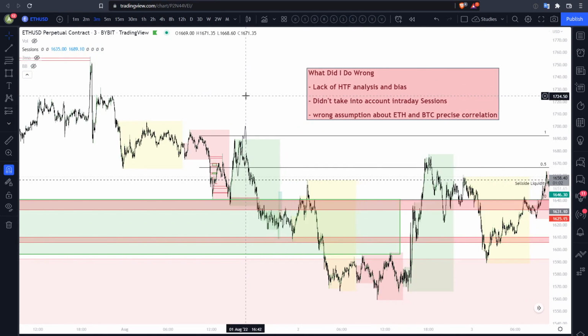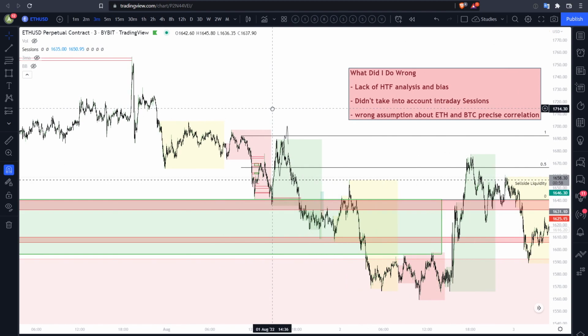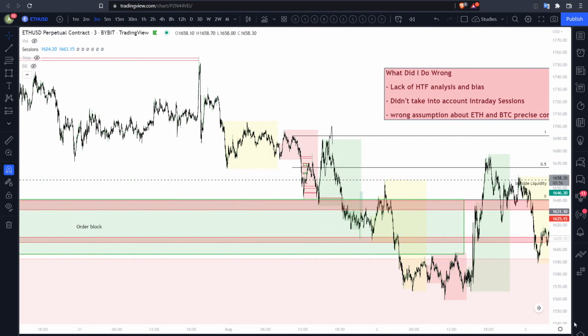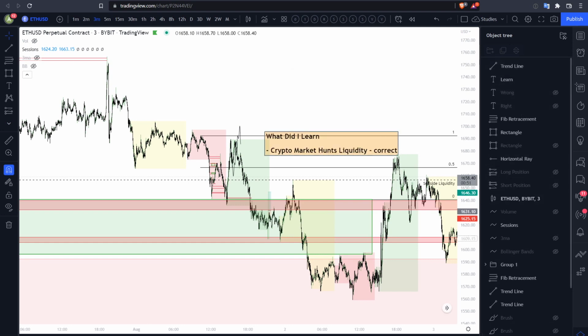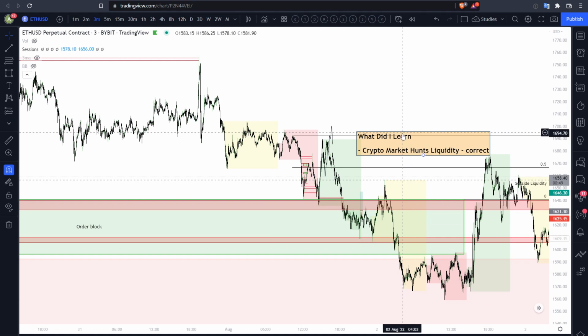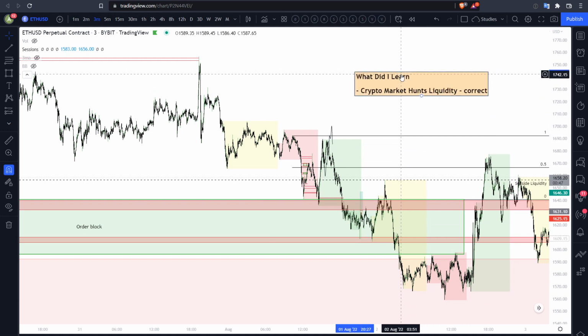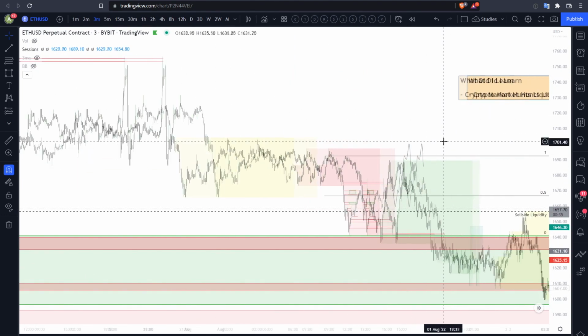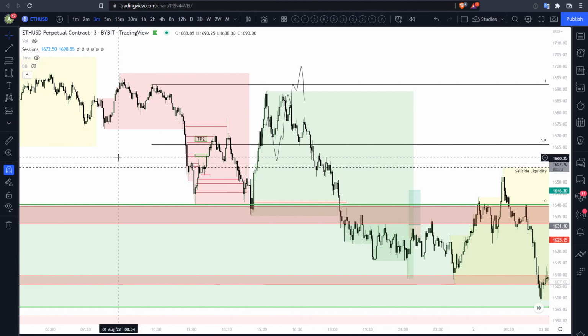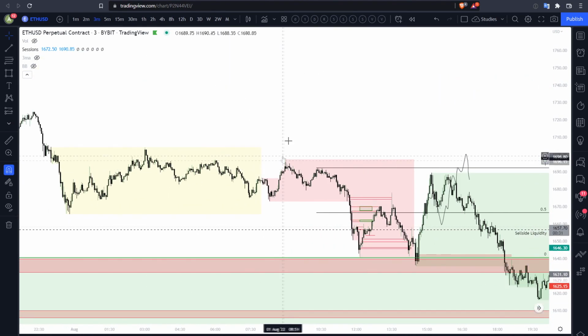All right, and what else did I learn today? Well, at least on the surface, I would say that the premise that ICT has, the premise of his framework, is that the markets are being moved by algorithms that are always hunting liquidity. It happens in different forms, but well, as the song goes, there is always a trap somewhere.